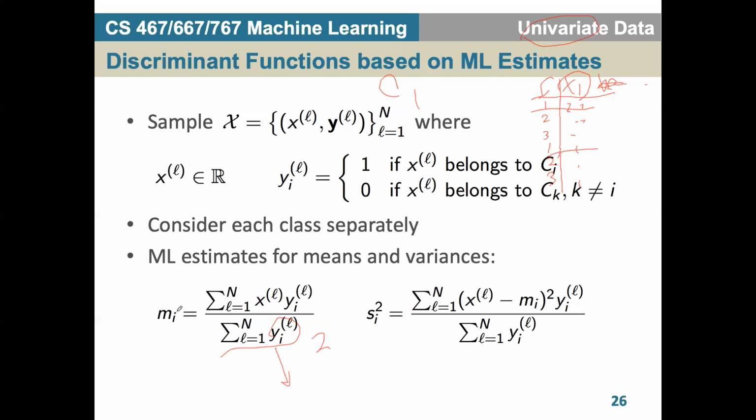Maybe next time you want to compute M2 and maybe S2. In that case, you will select these two rows, and then use their x to do the computation. This y is more like a selection, right? If you belong to my class 2, then you are 1. If you do not belong to class 2, I can ignore you. It's like +0. Any questions?